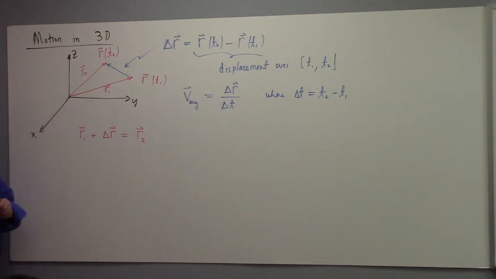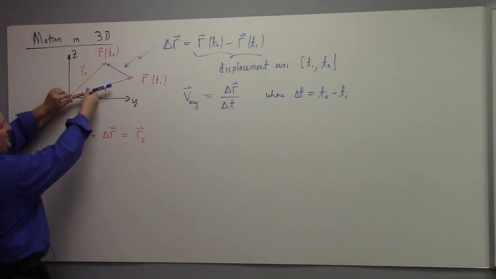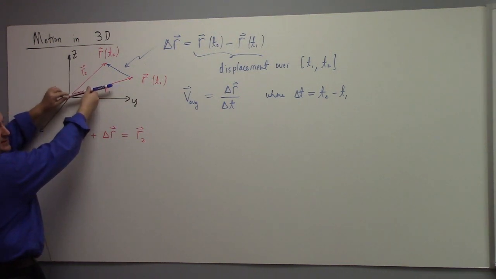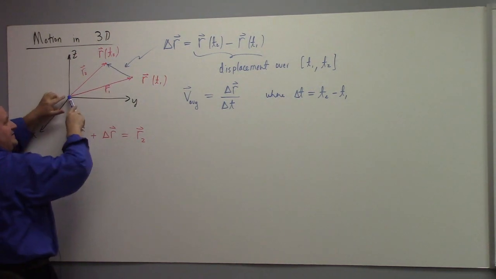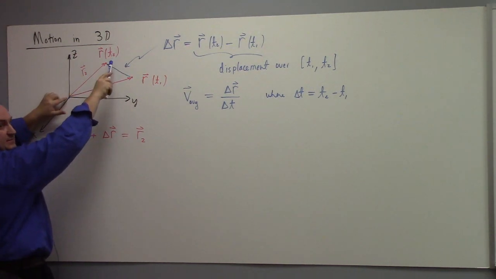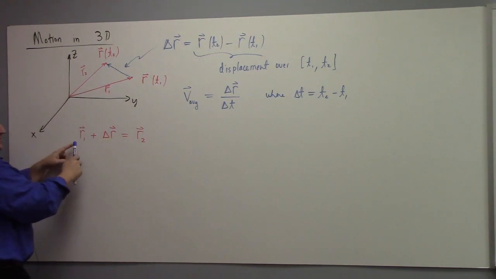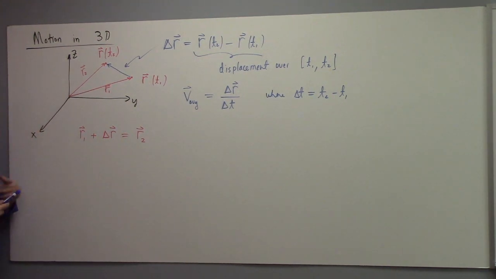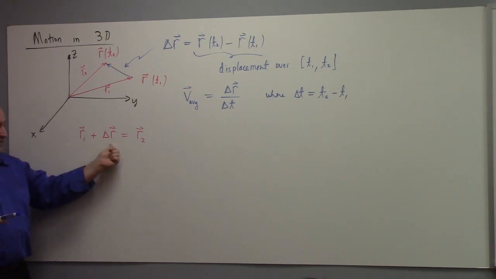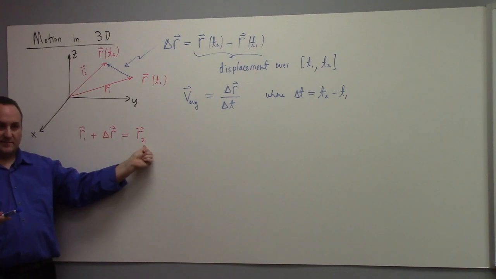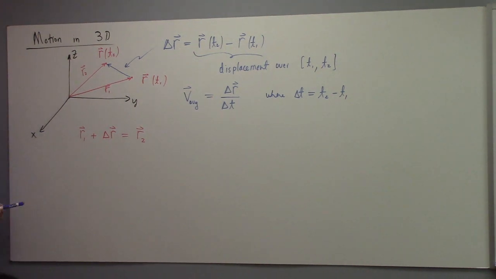Some of you are sitting too far to see it, but imagine this is r1. Then we tip the tail, add the displacement vector like that, and that's the same as r2. So we can understand this in terms of tip-to-tail vector addition as well. But this is what the displacement means. It's your starting point, then you displace yourself, and then you get to the ending point. All right, this is displacement. It's a vector in general.